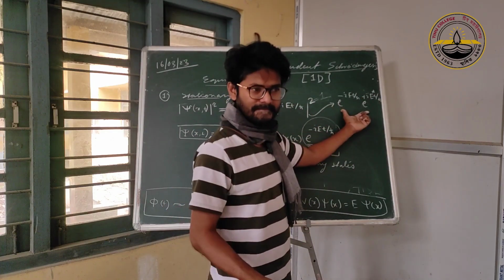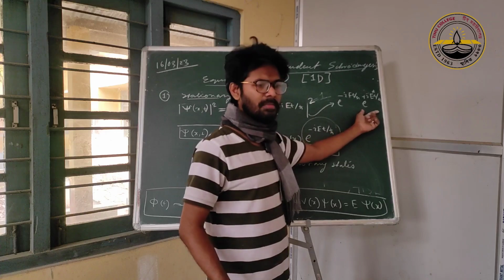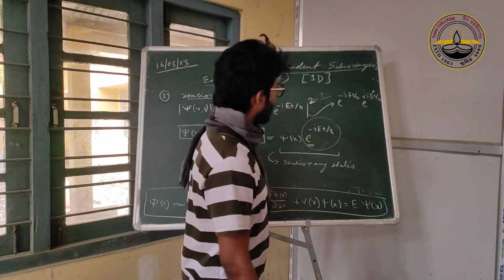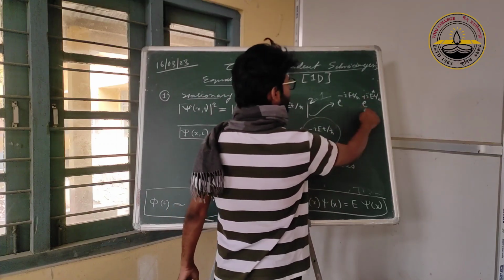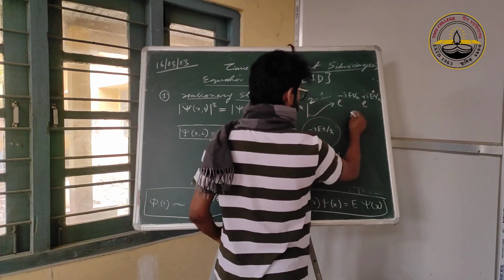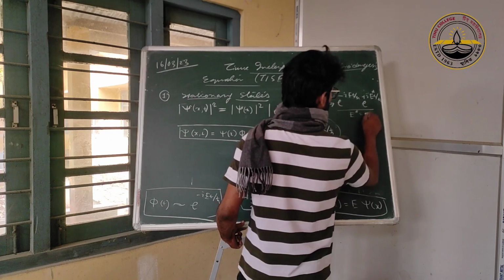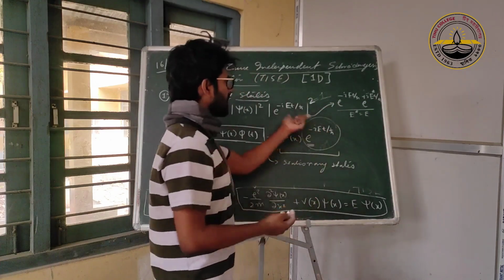Usually, just this into the complex conjugate of itself. That's mod square. Now, if E is real, then E star equals E, and this cancels out, and we have just mod psi x squared.